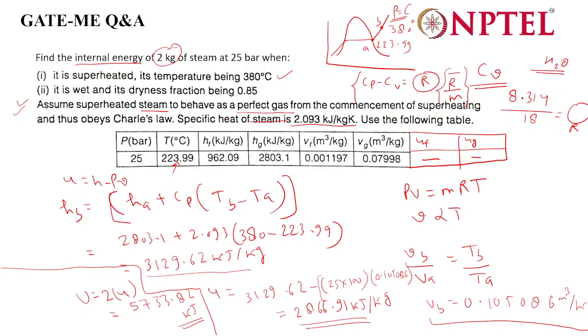And sir, one thing more: here it is written specific heat. Sir, how do we know if Cp is given or Cv is given? Generally, they will give specific heat at constant pressure here. Or they will mention specific heat at constant volume. It is a conventional question, so they do not give that much.